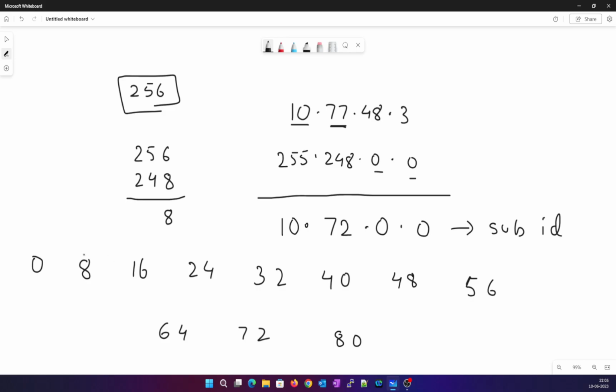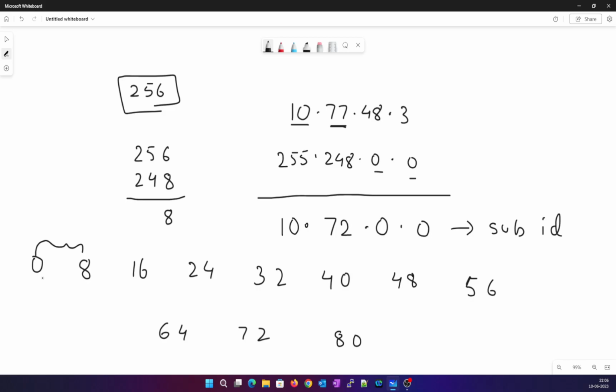So here, with this particular address mask 255.248.0.0, we get many subnets, starting from 0, then 8, 16, 24. It usually is like this, from 0 till 7. So you have 0, 1, 2, 3, 4, 5, 6, 7 as different subnet numbers.